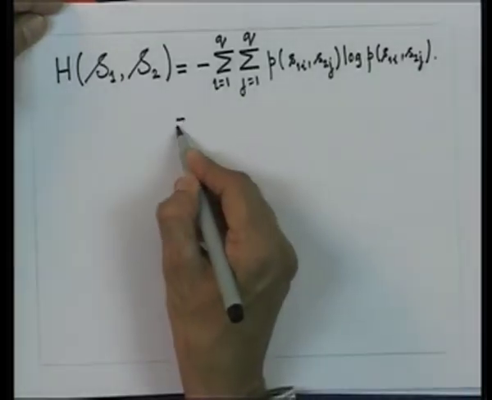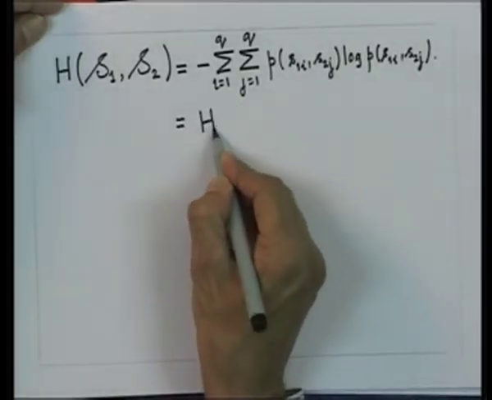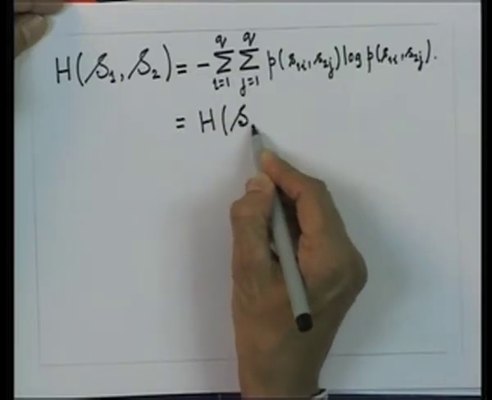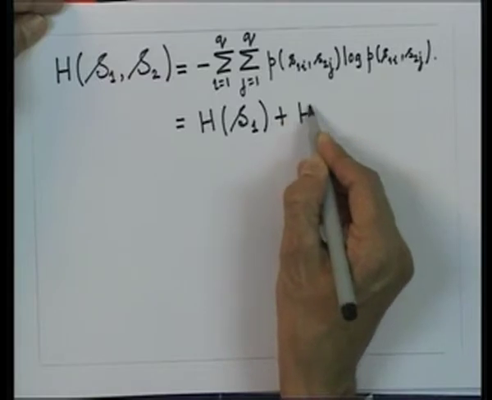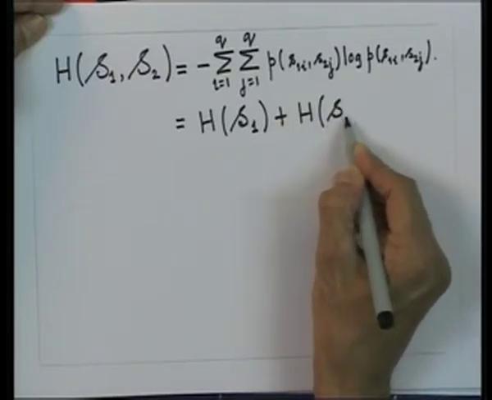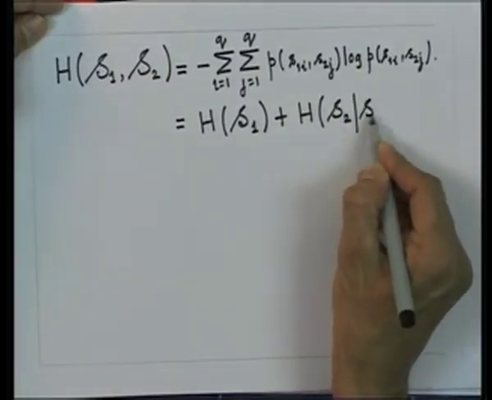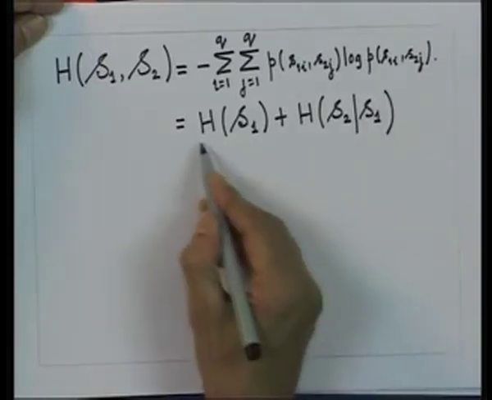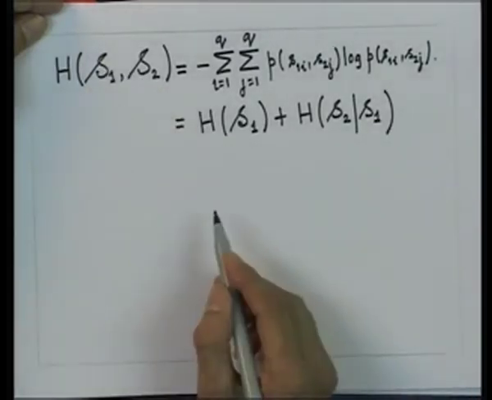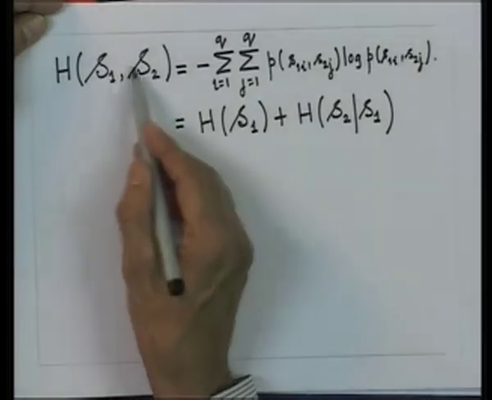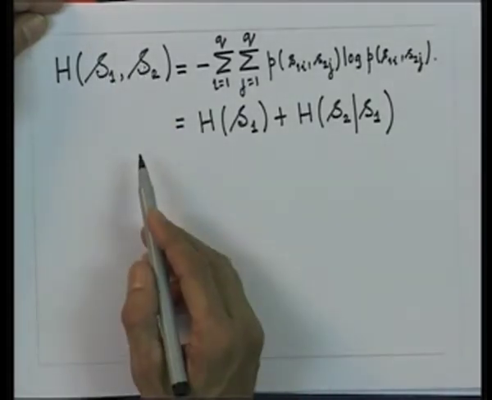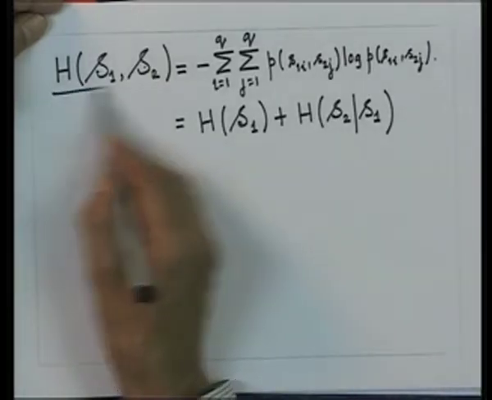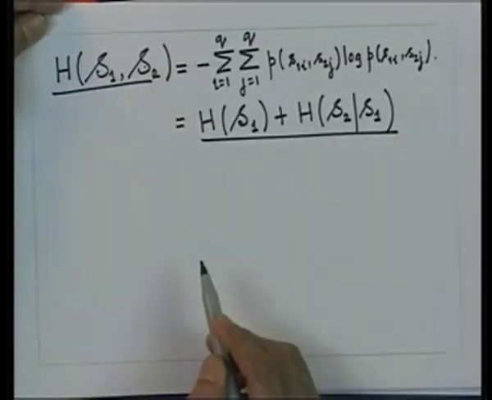Now, this can be easily shown to be H of S1 plus H of S2 given S1. This relationship we have just seen. Instead of S1 and S2, we had seen in terms of X and Y. So, it is not very difficult to derive this relationship.